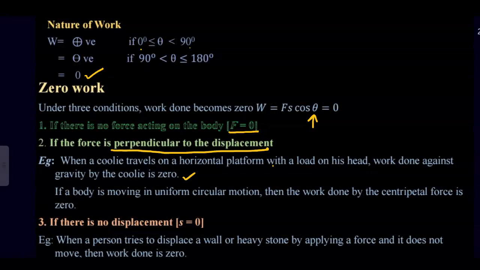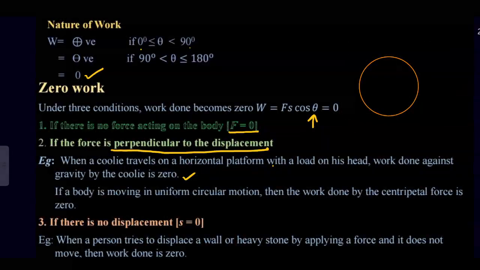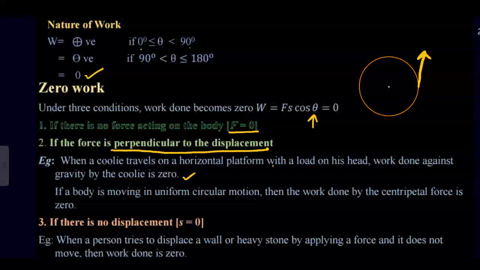In the case of circular motion, the force acts toward the center and the particle moves along the circle. The displacement is like this and the force is like this. The angle between the force and displacement is 90. In this case also work is 0.